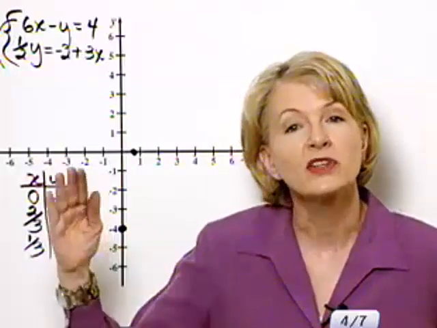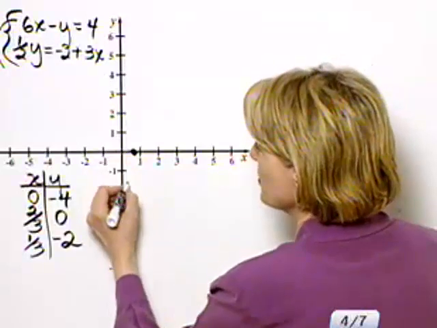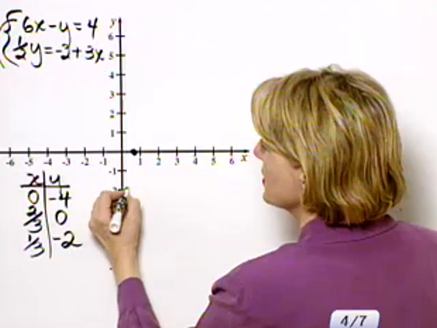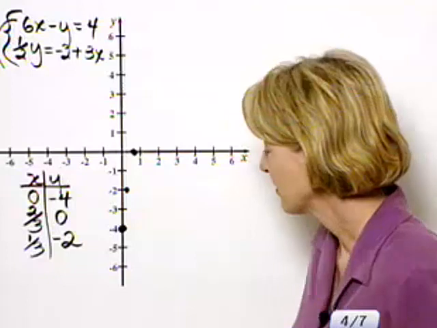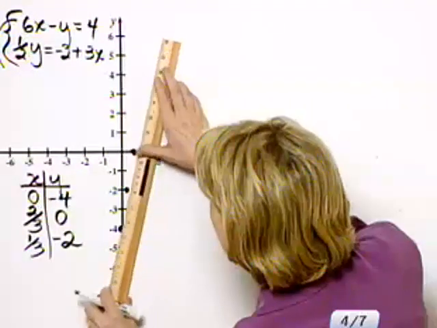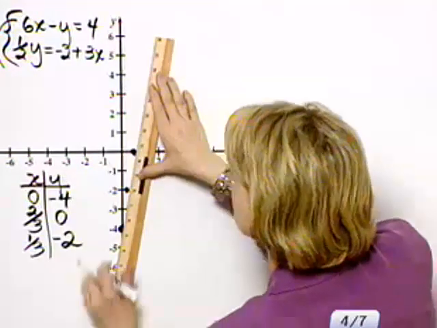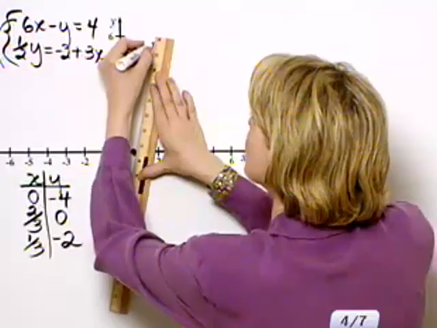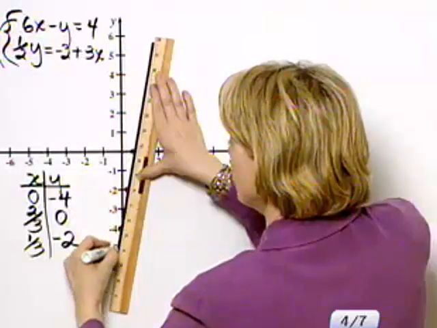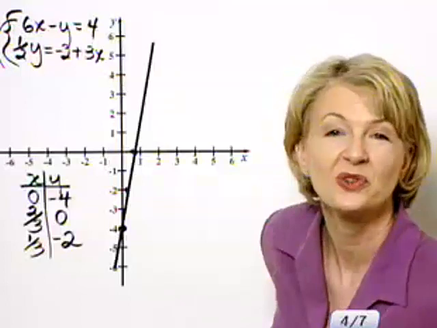We start at the origin, we go 1/3 to the right and 2 down. There it is, and you can see that these 3 points do all lie on the same line. So let's draw the line through them, and that is the graph of 6x minus y is equal to 4.